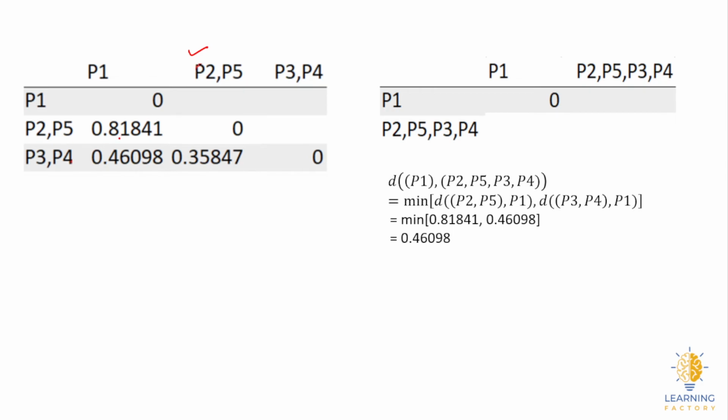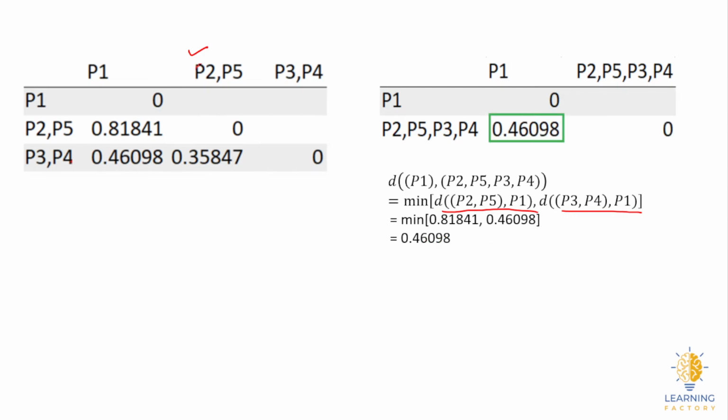We also know the distance between P3, P4 and P1. So we'll be computing now the minimum of these two distances, right? So P3, P4, P1 and P2, P5, P1, these distances are available. So we'll be computing the minimum of these two.